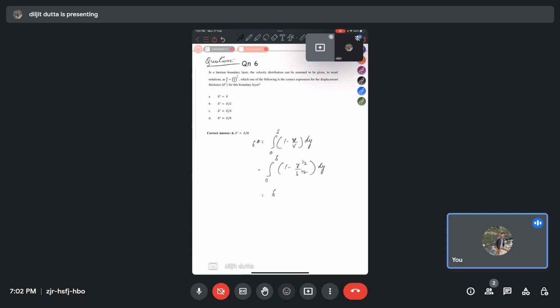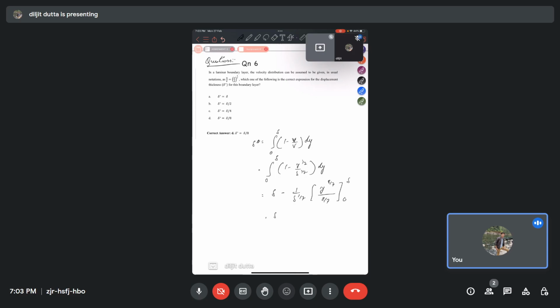So it will be delta minus 1 by delta to the power 1 by 7, times the integration of y to the power 1 by 7, which equals y to the power of 1 by 7 plus 1, equal to 8 by 7, divided by 8 by 7, from 0 to delta.